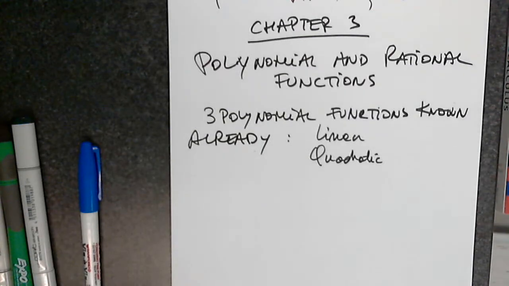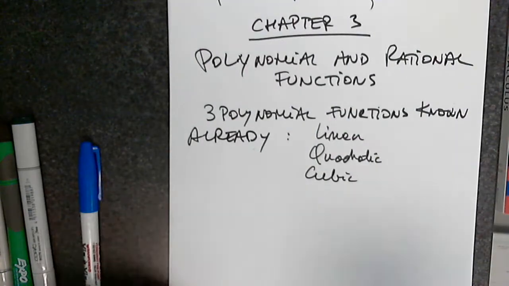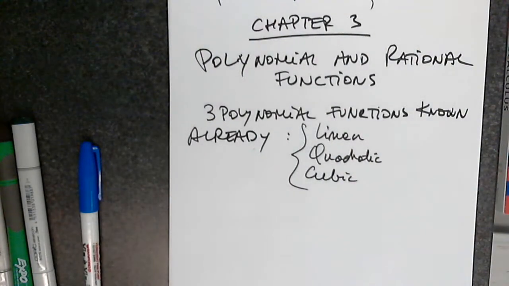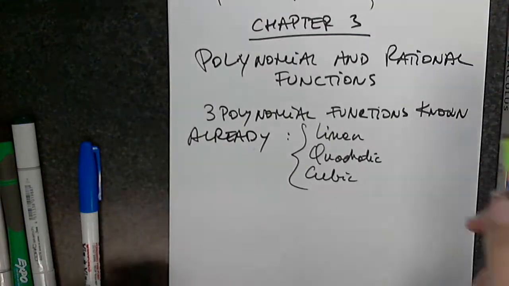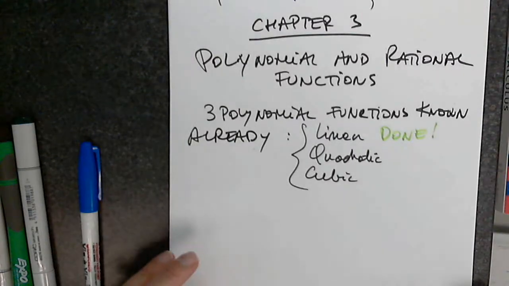It's odd. Which one? Absolute value? Nope. It's this one. Oh, the first cube. x cubed. Very good. So the cubic function. So we do know these already. Of course, we're going to talk about them again. But not linear. I refuse to talk about linear. Done. Okay, so let's start with quadratic.